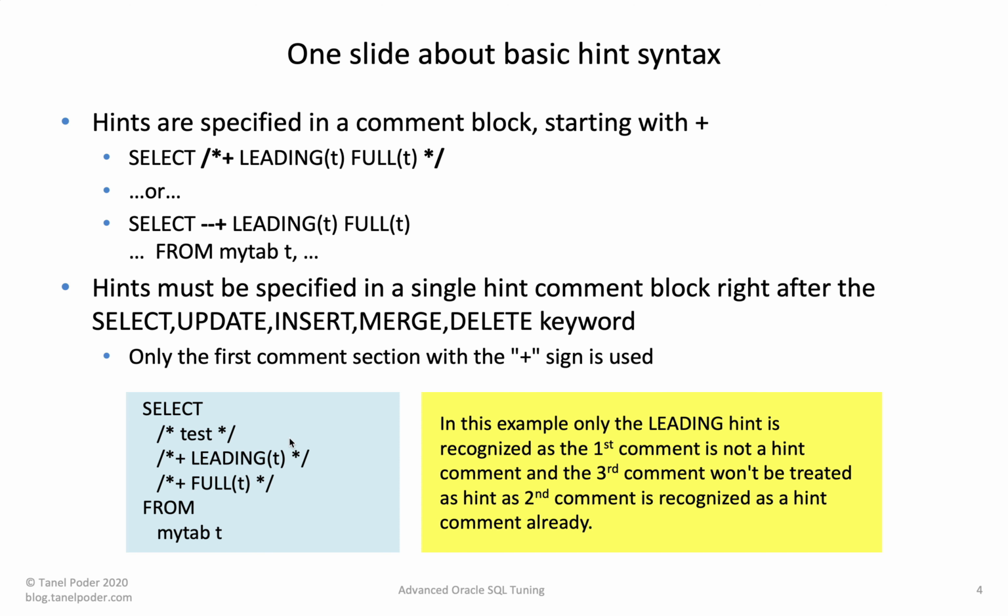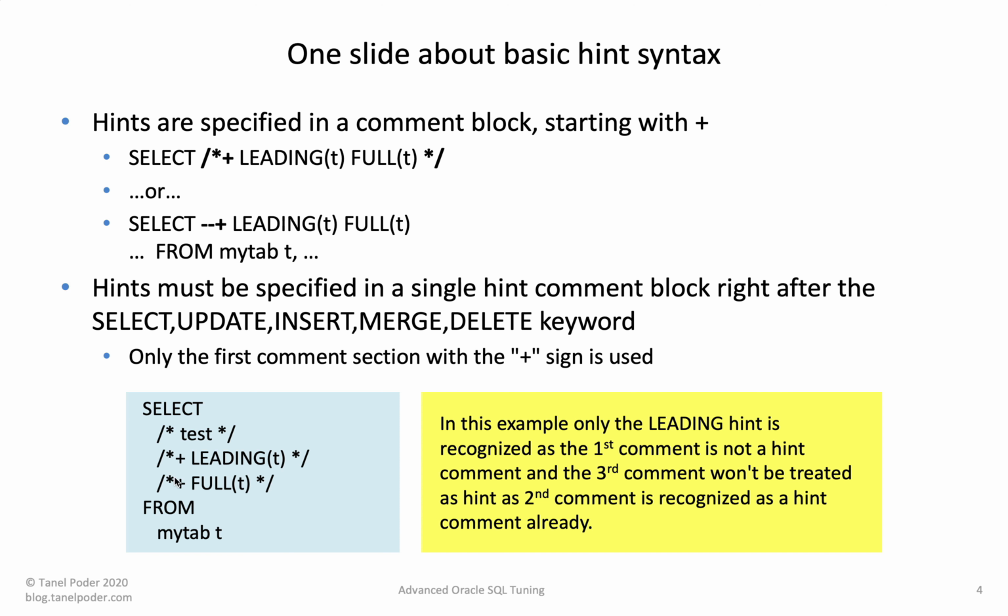So this is one example where we have a comment block here, which is not a hint. This is just a regular comment because it doesn't have a plus sign here, right? Then the next comment block is a hint, let's say a leading hint. And next there is one more comment block after that, which also has a plus in it.